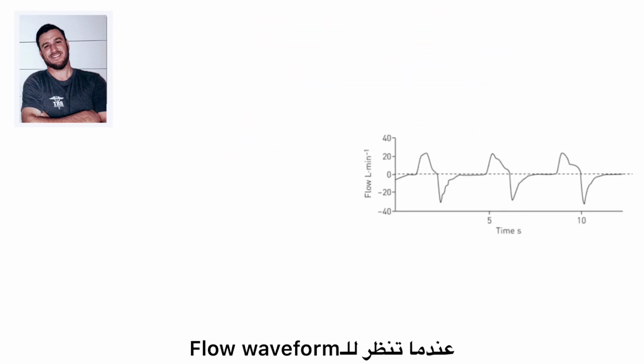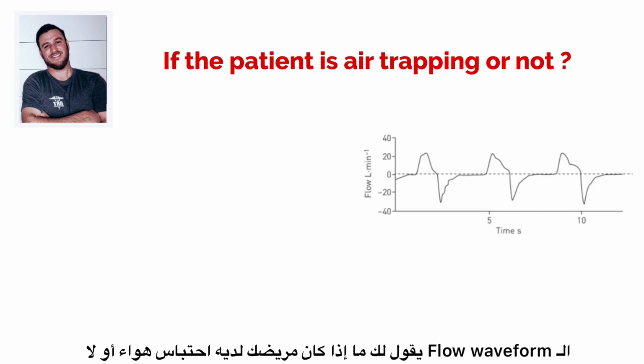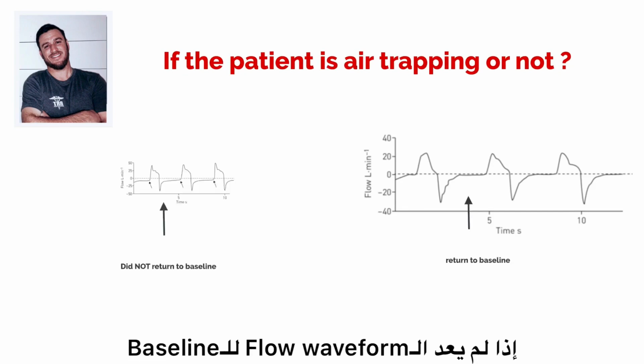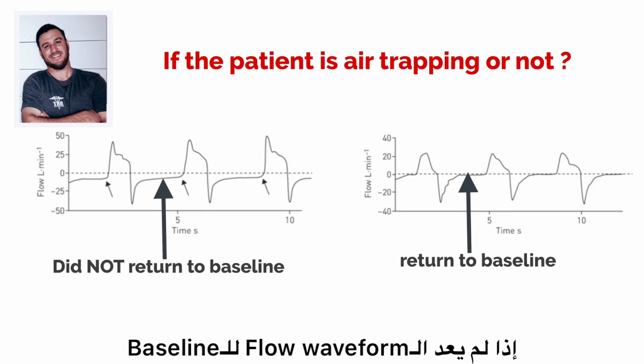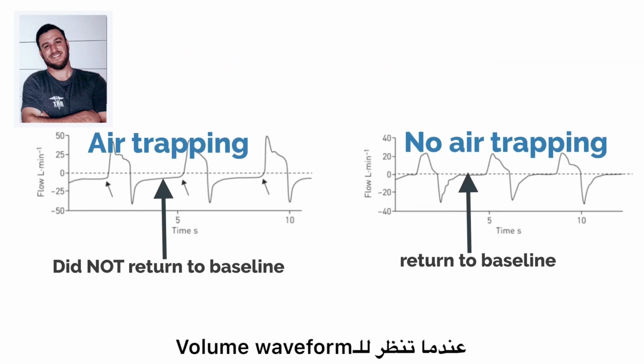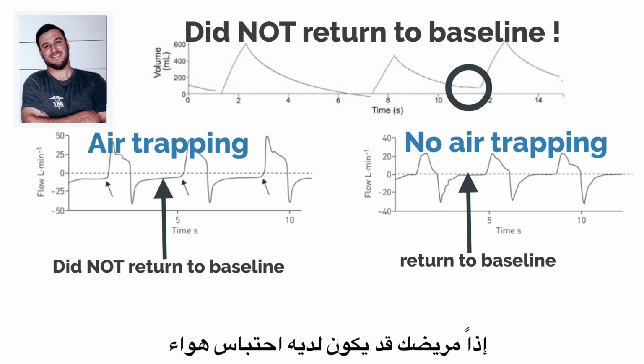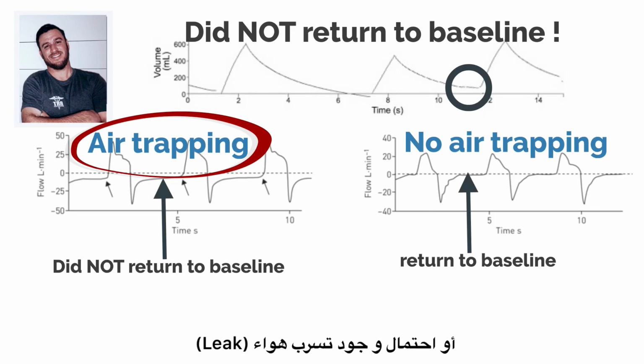Now, the flow waveform can tell you if your patient is air trapping or not. If the flow waveform does not return to baseline, then your patient is air trapping. When you look at the volume waveform, if it's not returning to baseline, then your patient may be air trapping, but you may also have a leak present.